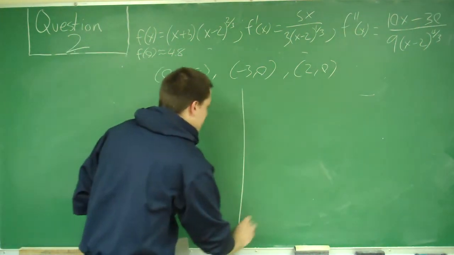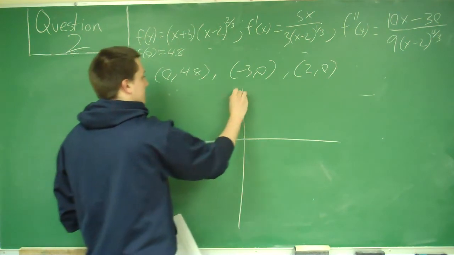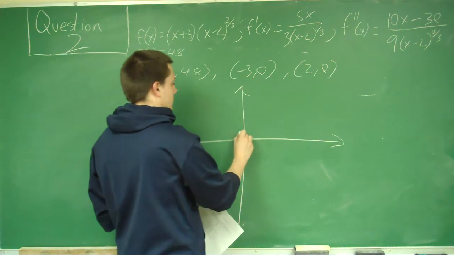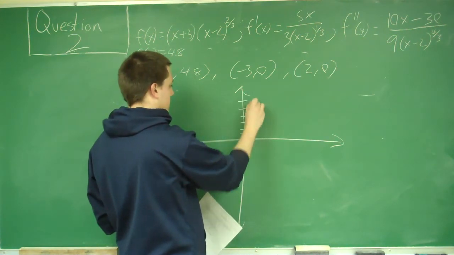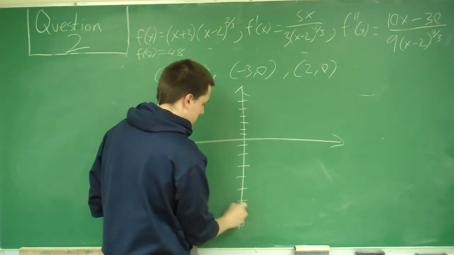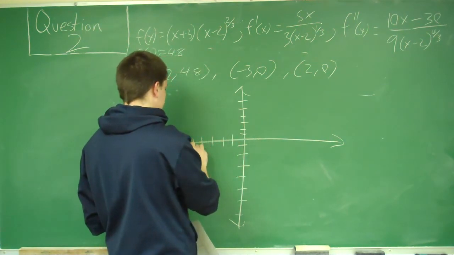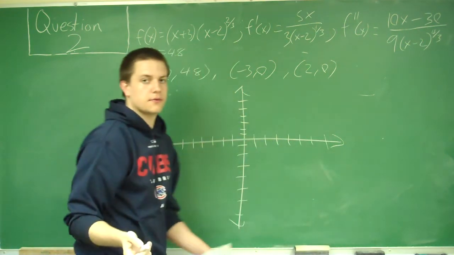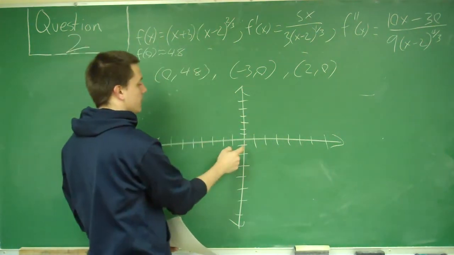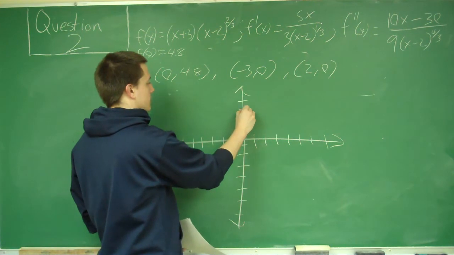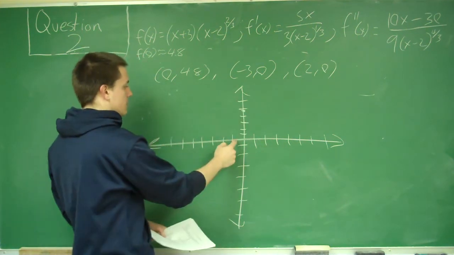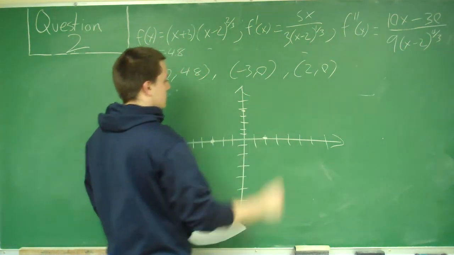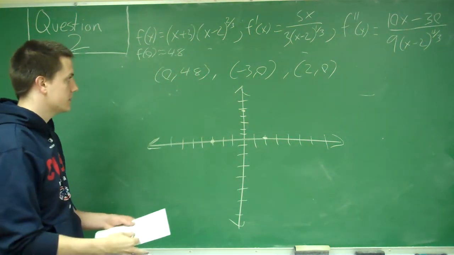So let's put the 3 points we know on the graph. So 0, 4.8, it's going to be somewhere around here. -3, 0 is right here. 2, 0 is right there. So we know we have to go through those points.